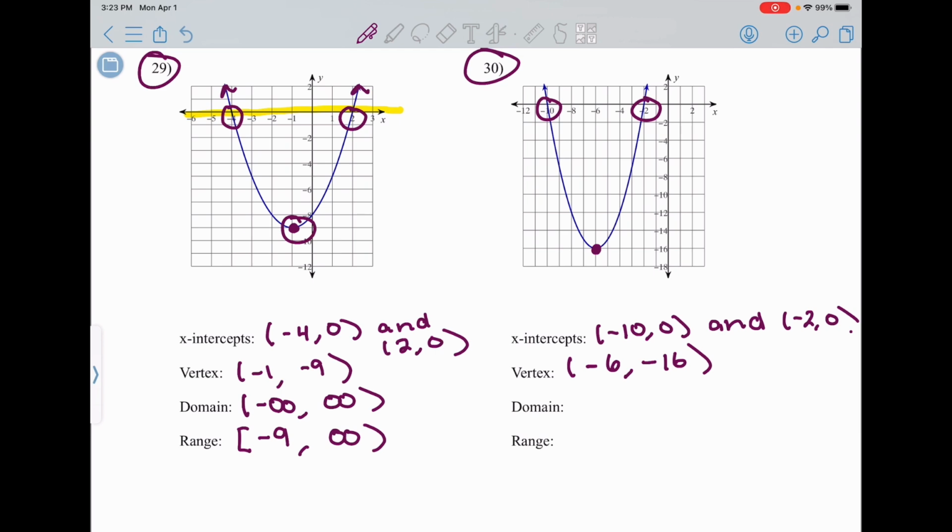And then once again, I have arrows on the sides of my parabola, which means I'm going to the left forever and to the right forever. And then my range. I go as low as negative 16, and then I go up forever to positive infinity.